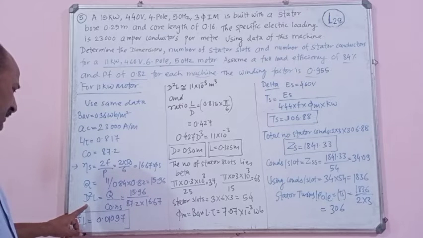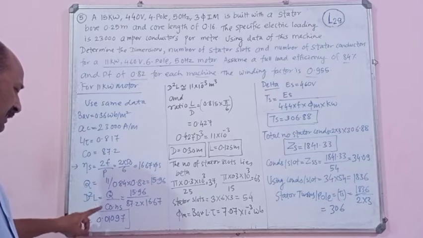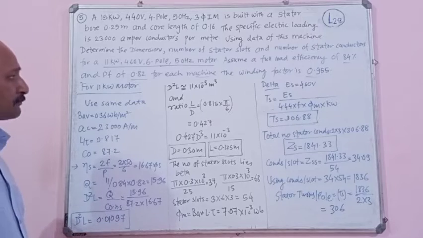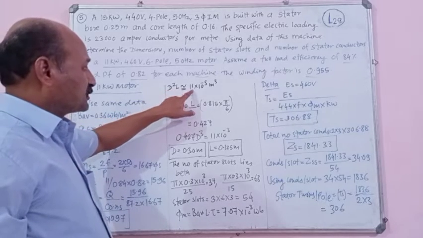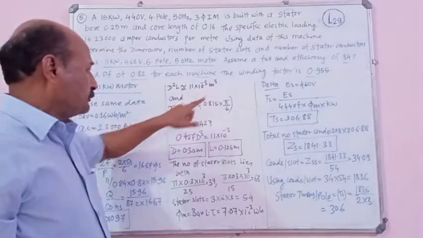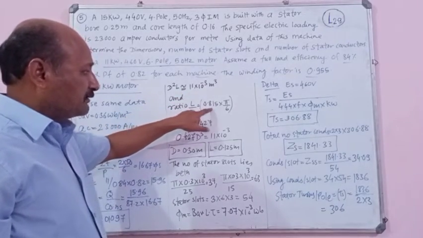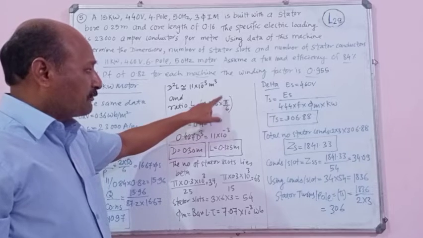So you will get the value of D square L equals to Q divided by CO into NS, which equals 0.01097 or approximately 0.011, or you can write D square L equals to 11 into 10 to the power minus 3 meter cube, and the ratio L by D equals to 0.185 into pi by 6.